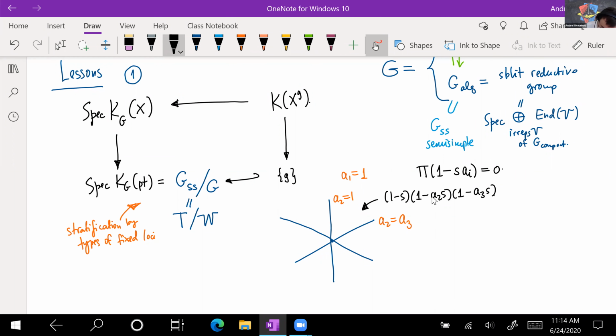So this defines 3 different points. So you get the spectrum of that, which is 3 points, and these 3 points are the K-theory of, if I take my projective space P2 and I take the generic element.